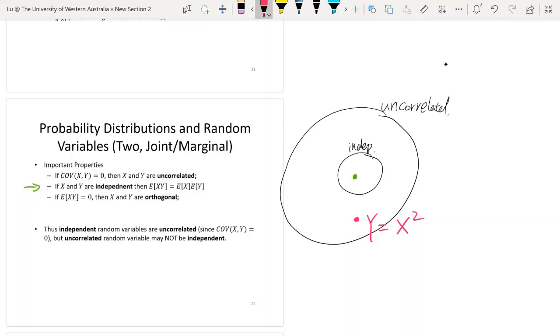But regarding this green dot here, that has already been in the independent set. So the two random variables x and y involved in this relationship must be independent. So no relationship at all.